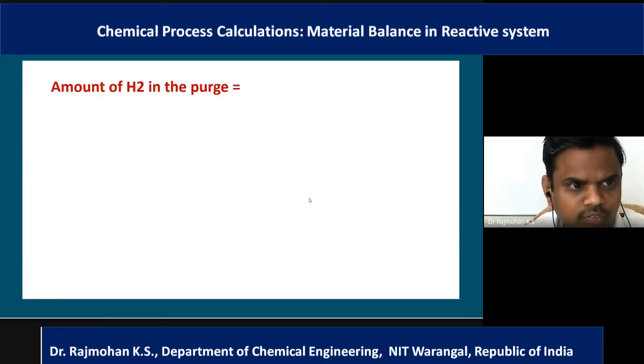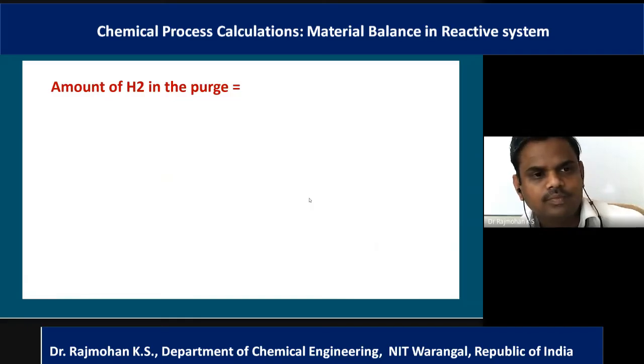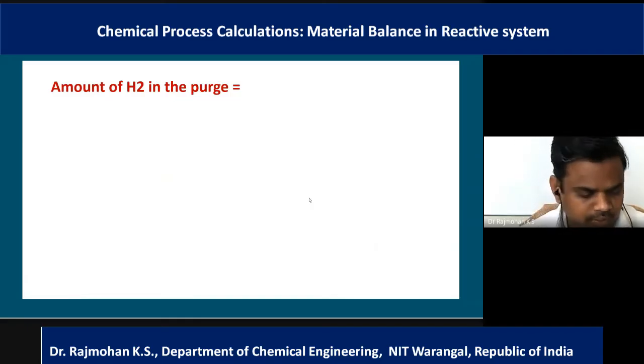Can you find out the amount of hydrogen in the purge?